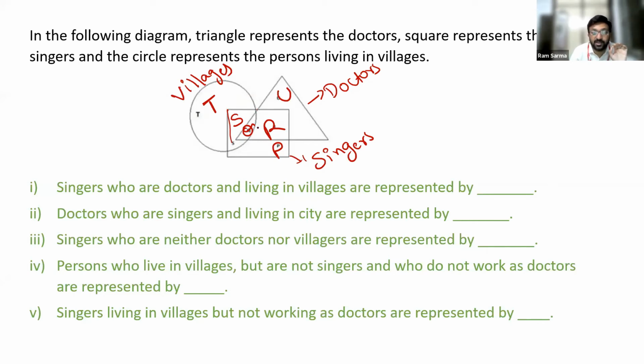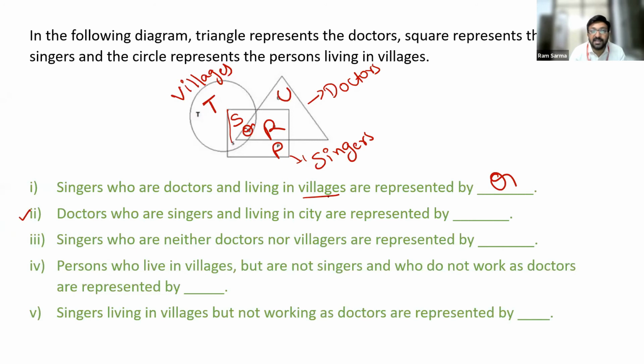So singers who are doctors and living in villages, it should be the common area for all the given three. That's Q. So if you look at Q, Q represents people who live in villages as well as doctors as well as singers. Good. Let us look at the second one.